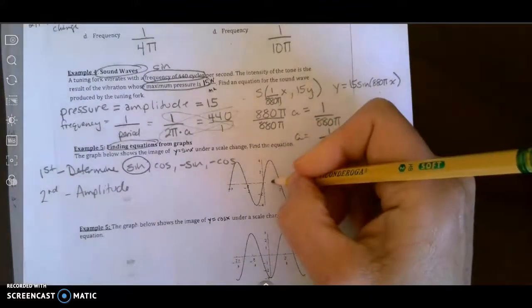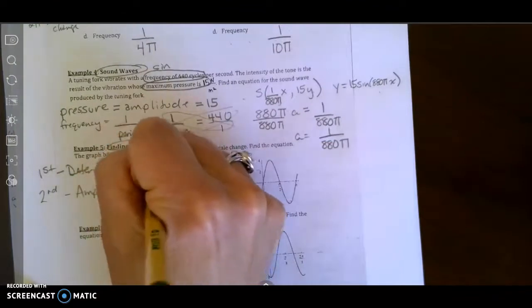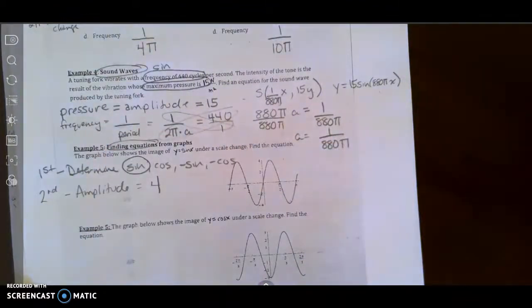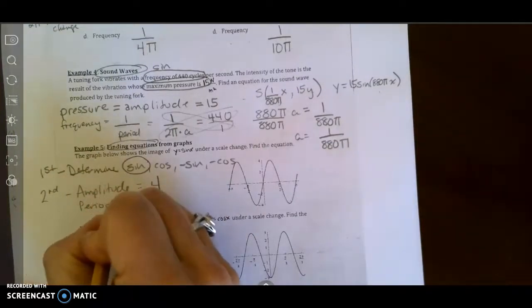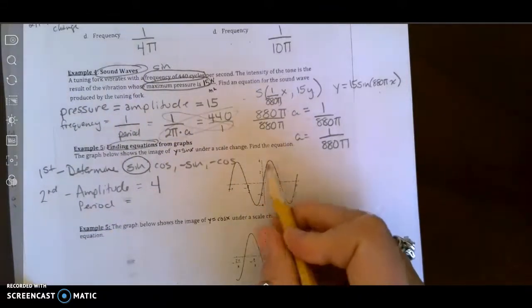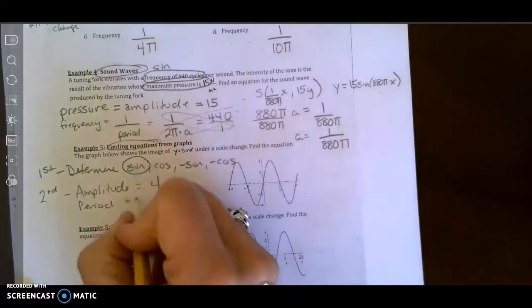I look, it goes 4 up and 4 down, so it's 4. The other thing that I want to know is what is the period? It does a full sine curve, and it only has to go to pi.